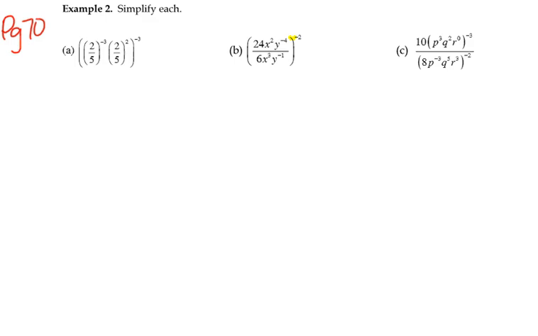Flip what? This whole fraction. Does that change the numbers? No, it just takes the reciprocal. Everything's the same, but it's the reciprocal. Okay. So now our exponent will be positive, and it would be the exact same numbers, just the reciprocal.